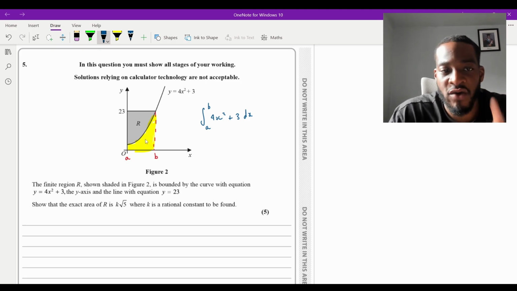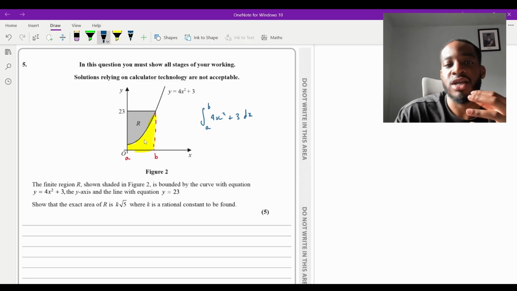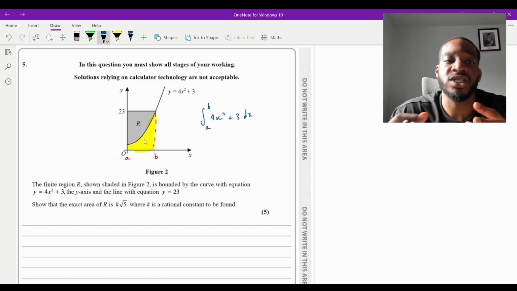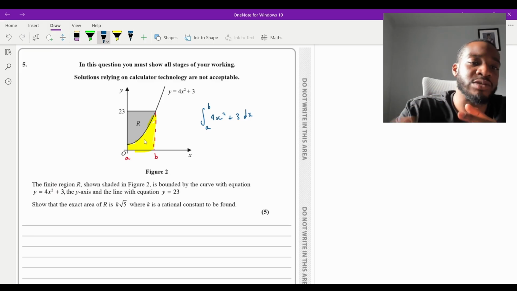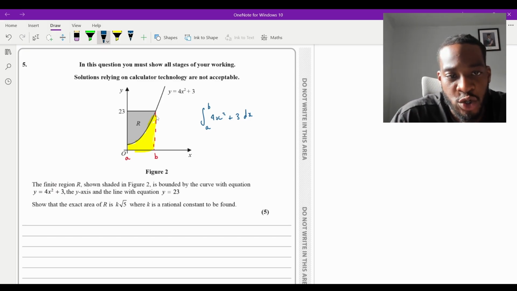Now I need the gray region, which is the shaded region. The way we calculate shaded regions, even from GCSE, is that you're always going to take one area and subtract it from another. The fact that we've drawn a vertical line is quite helpful because we've actually got a rectangle.